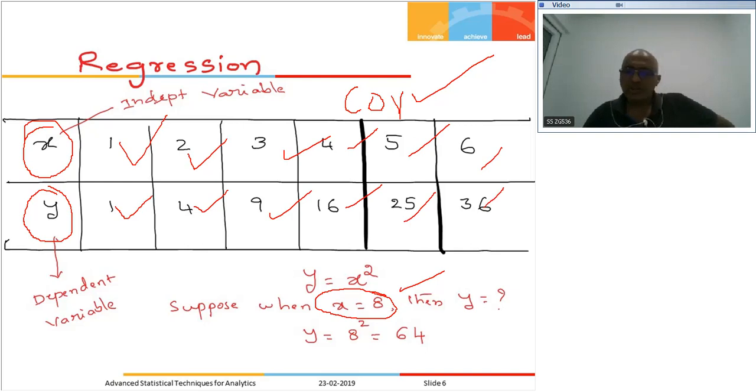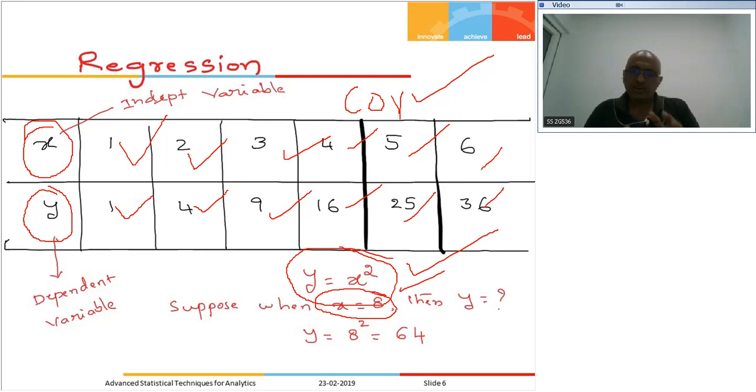If we plot it also, we can see an exact pattern here. That means Y equals X square is the one which fits this data. So we are able to establish a relation between the two variables, Y equals X square. This is what we call regression.